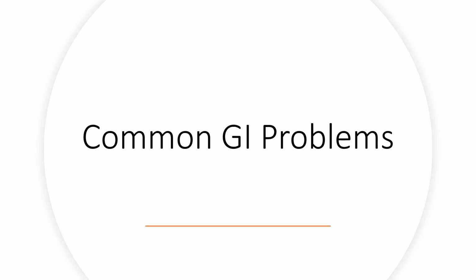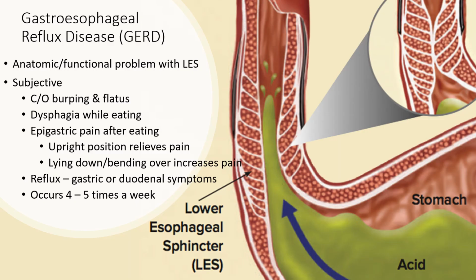All right, so some common GI problems that you will come across in the hospital include gastroesophageal reflux disease. This is an anatomic or functional problem with the lower esophageal sphincter, and you can't really see this. So it's mostly subjective findings, and then they have to do some kind of x-ray or other testing to really diagnose gastroesophageal reflux disease.